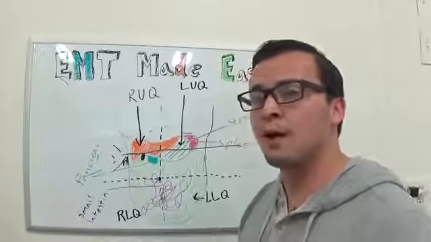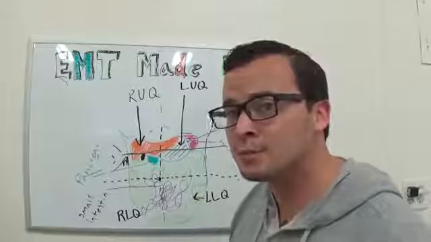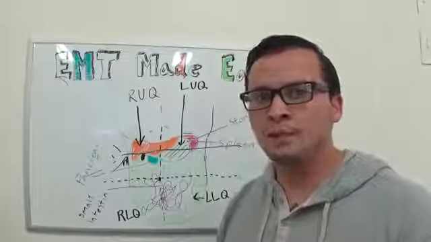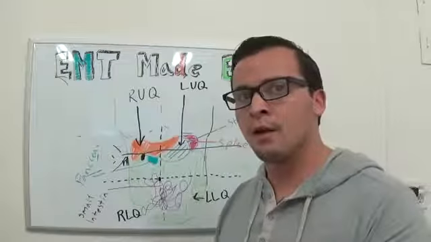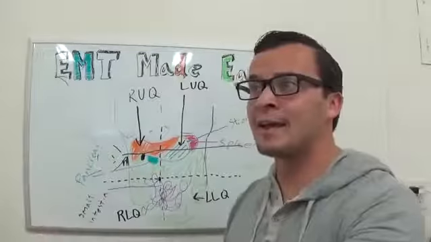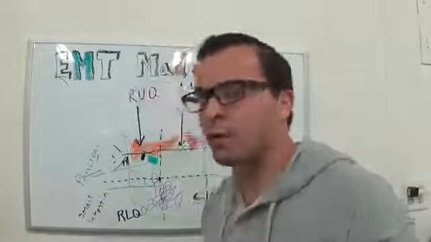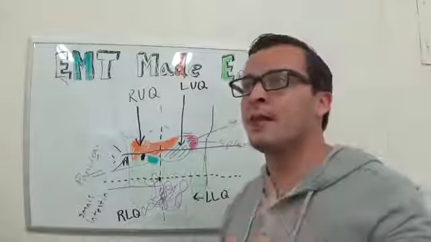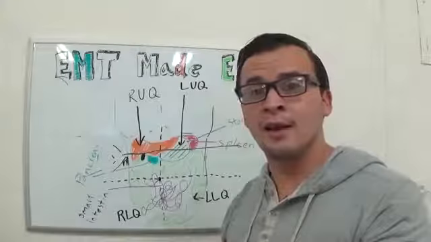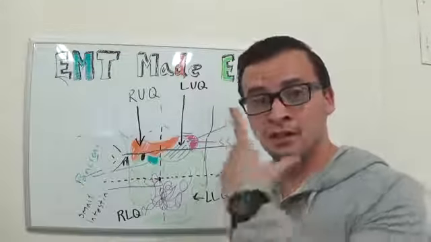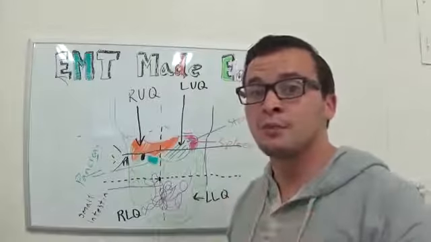So the MOI, mechanism of injury. The mechanism of injury is a hint. It's what happened. So as I approach the car, before I even get to the patient, I see this guy is laying over his steering wheel, right? Because it was a head-on collision. Now the MOI is going to tell me this guy is going to have some kind of trauma to either his head, chest, or abdomen.